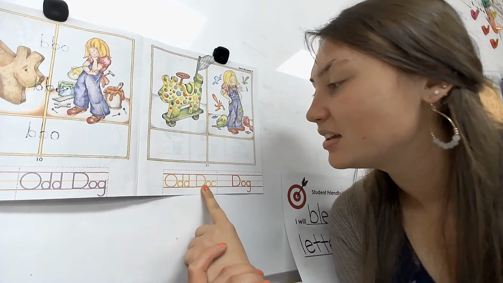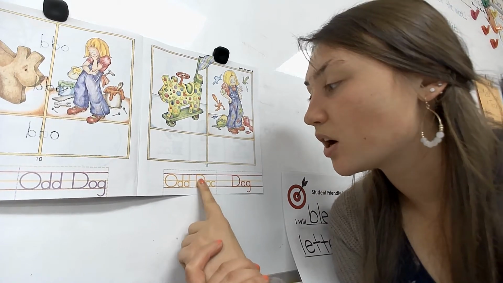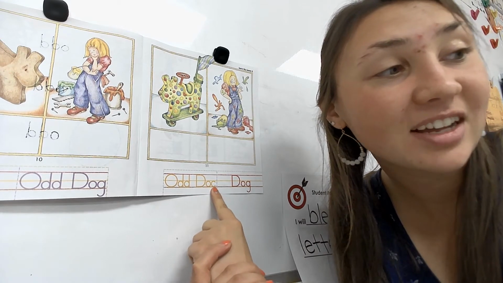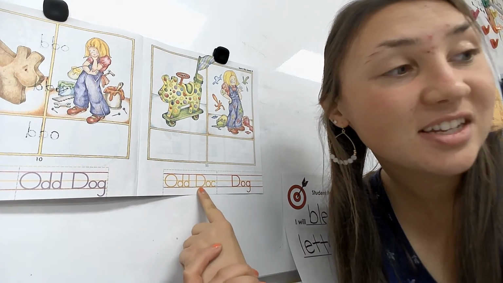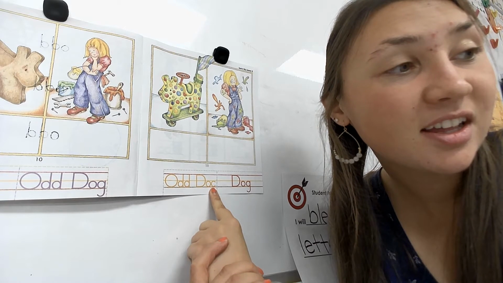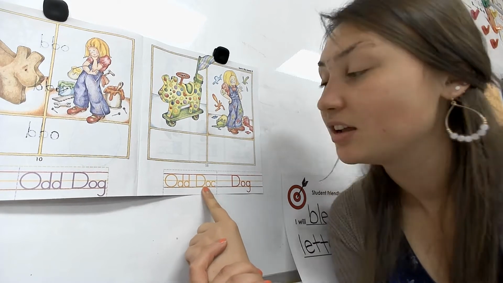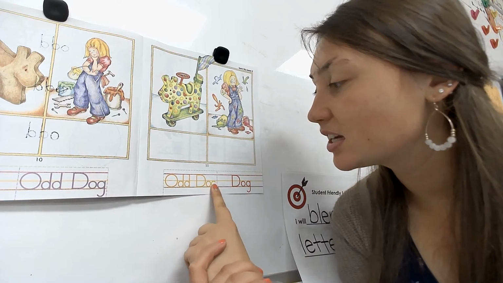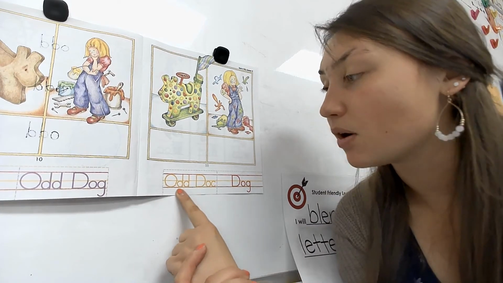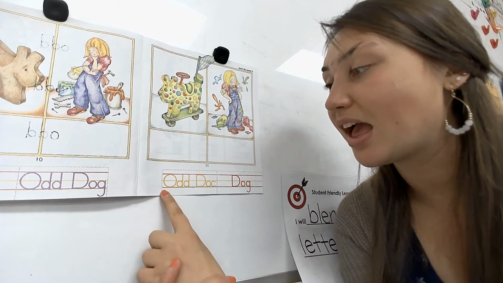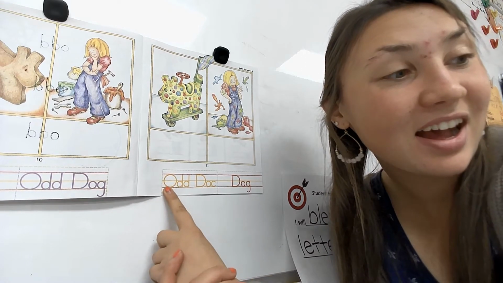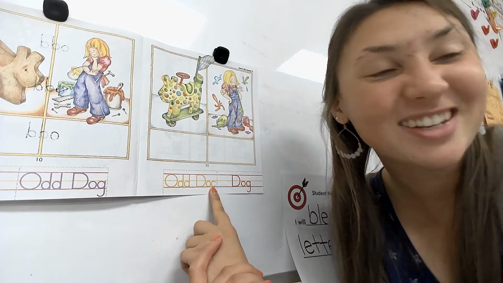And then sound out this word, the second word. D, a, k, duck. Remember, the D says d, a, k, duck. So these two words say odd duck. Odd duck. See that?